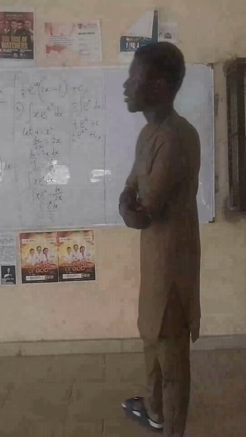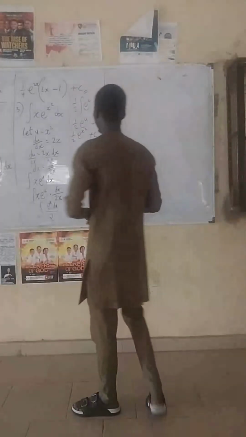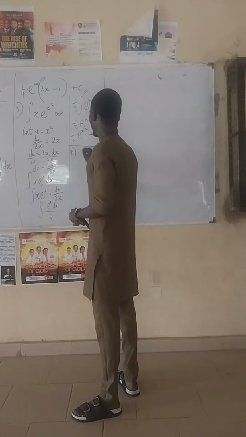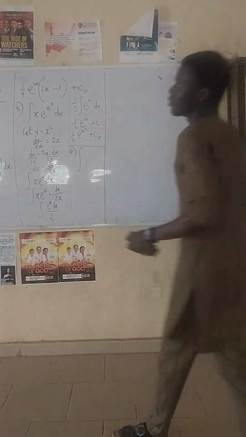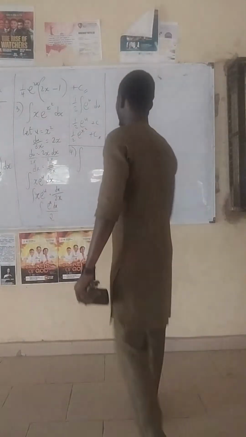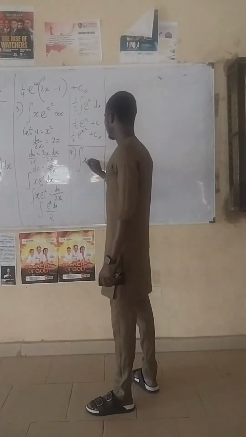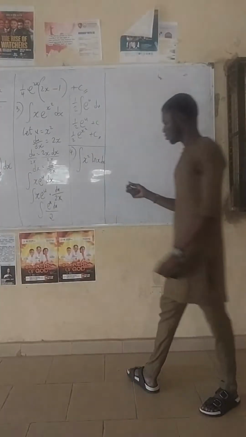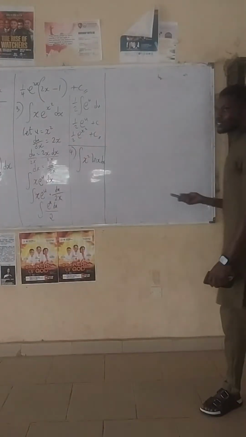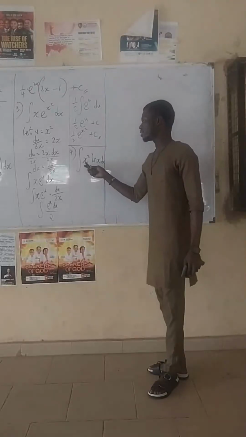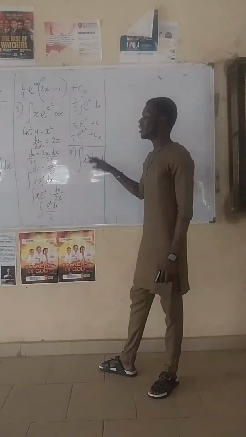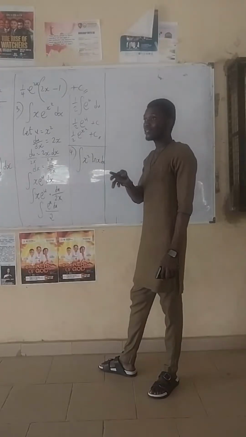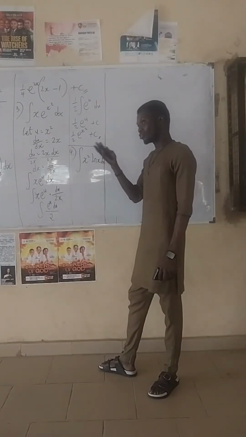Number 4, we have the integral of x squared ln x dx. I said this one will be by parts, because if you said let u equals x squared, its derivative will give us 2x, which means at the end of the day, we divide by 2x.